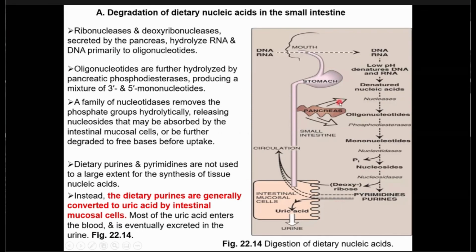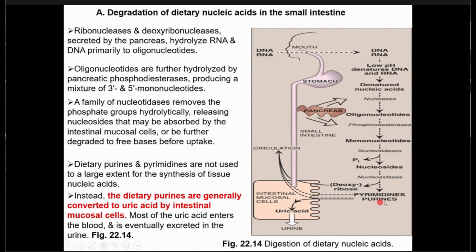Again, this is just to know how DNA is degraded. You eat DNA, RNA. In the stomach, the low pH will denature the DNA and RNA. Then the pancreatic enzymes will break it into oligonucleotides, then mononucleotides, then nucleosides, and then the basic pyrimidines or purines.